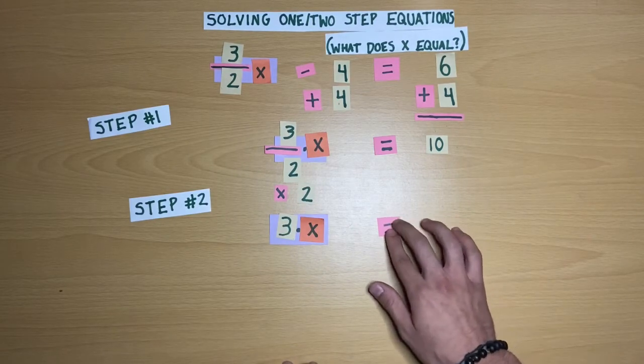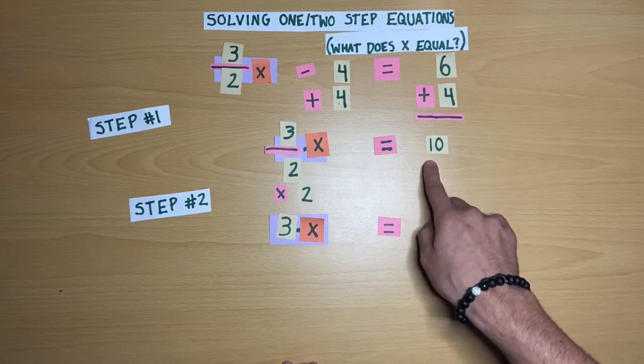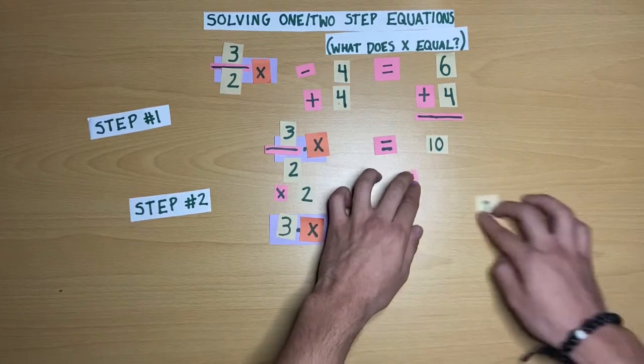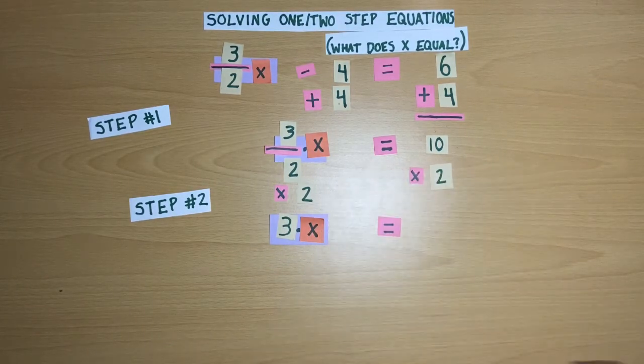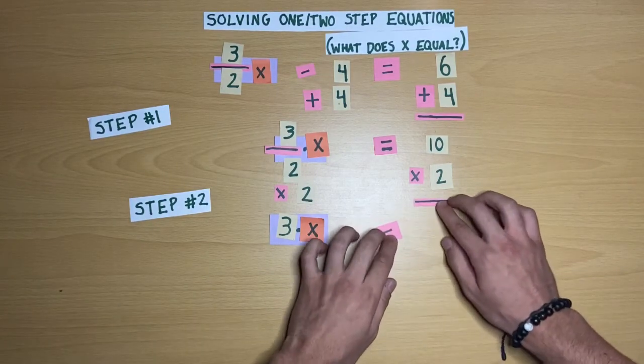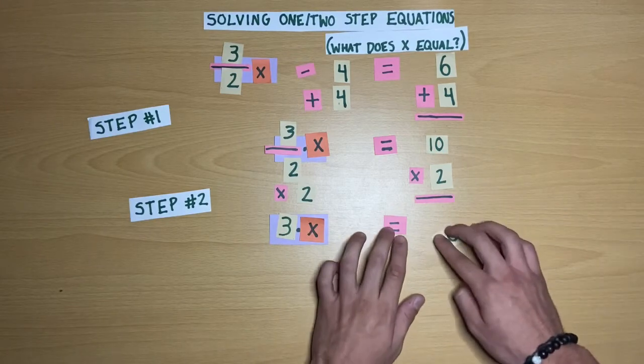And on the other side, we still need to multiply by 2 because we did that on this side. So we do 10 times 2. And 10 times 2, when we do that, we get 20.